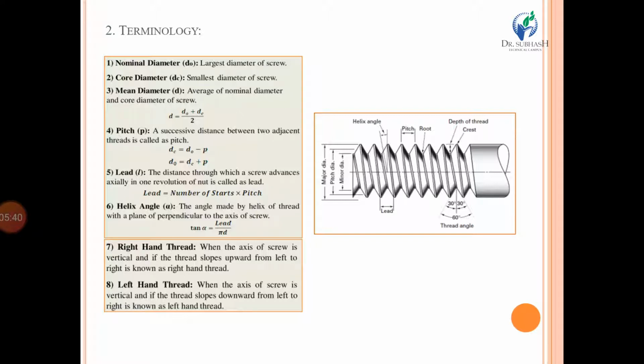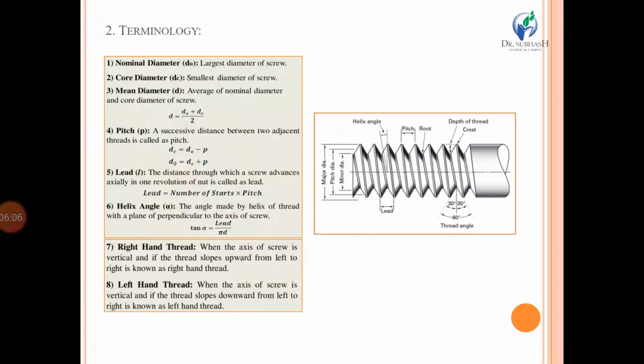Then pitch. The term pitch is very famous, and you can also find it in some other machine component parts, like gears. Pitch comes into the picture when repeated parts are there in any machine component. For example, teeth are repeated parts. In the case of our power screw, thread is the repeated part.